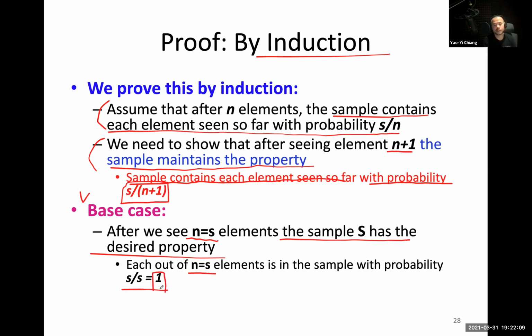Because every element is selected into the sample with 100% probability. Let's say n equal to 5, s equal to 5, right? Your sample size is 5 and you have seen 5 tuples so far. So you put everyone into the sample and the probability is s over n, which is 5 over 5, 100%.